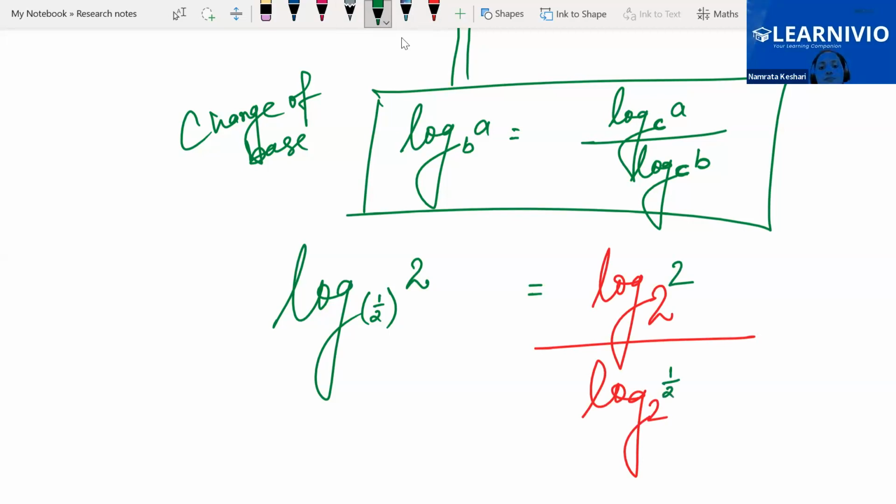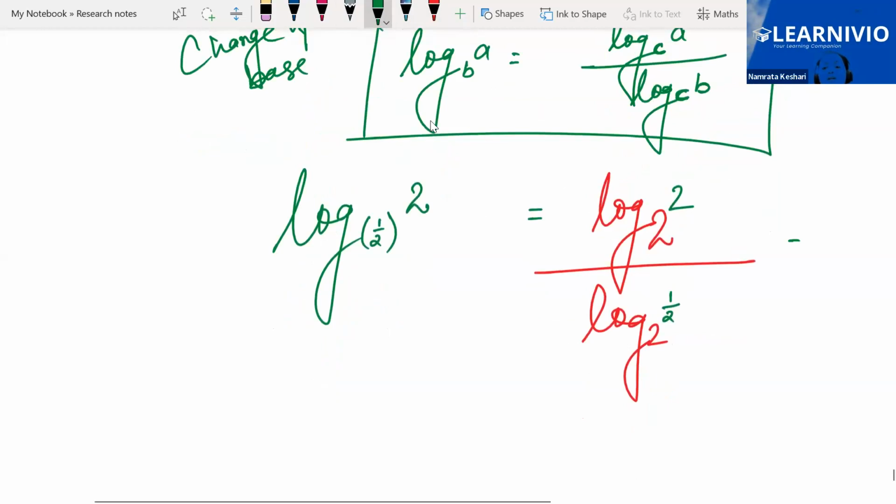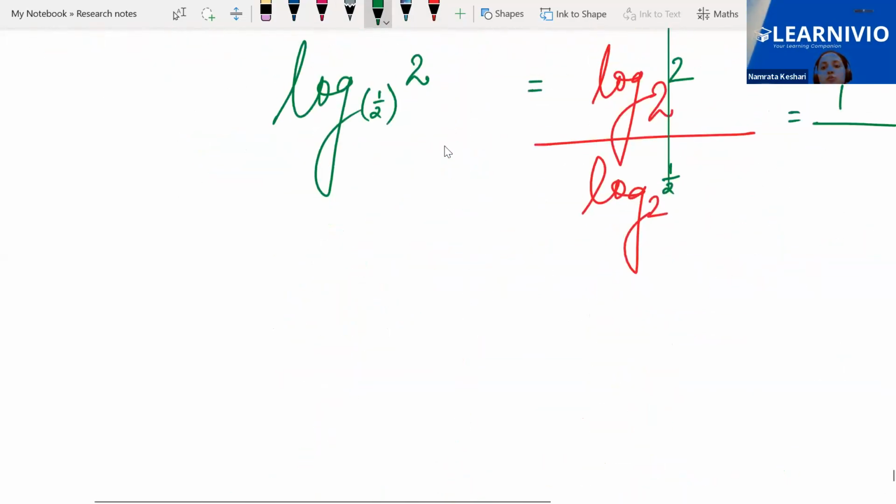So the numerator is log base 2 of 2, which is 1, and the denominator is log base 2 of 1 by 2, and 1 by 2 can be written as 2 to the power minus 1. So what is the final answer, Annapurna? Minus 1.